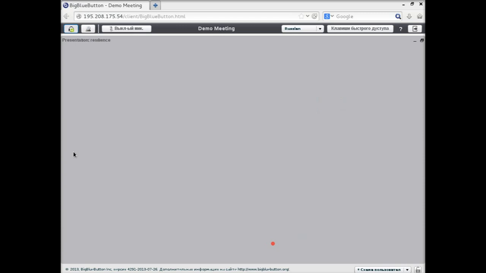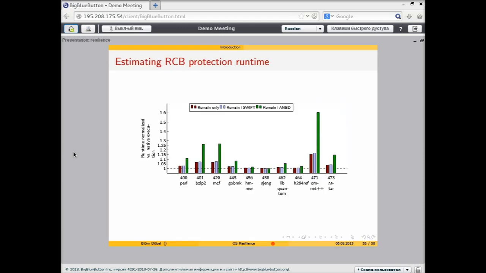And we then did this. We again took the SPECint benchmarks, which we already measured before. We then took the triple modular redundant version with Romain and added the protection using SWIFT and using encoded processing. What we see here is, for instance, for the Perl benchmark up here, the red bar is triple modular redundancy in Romain, which has something like 2.5% overhead.